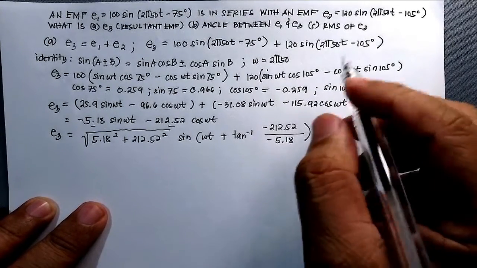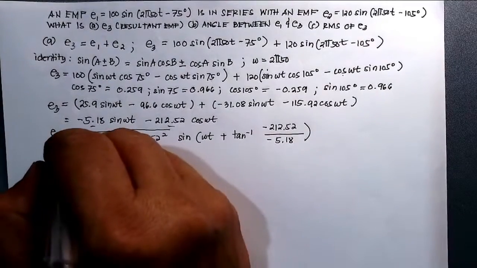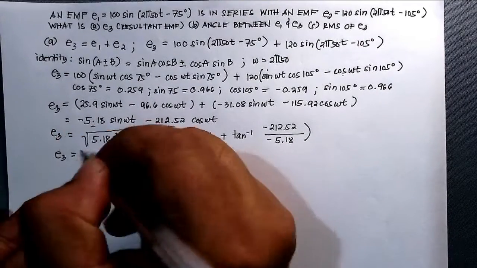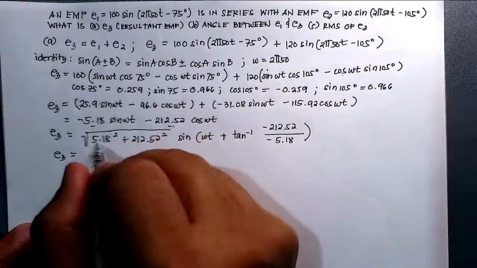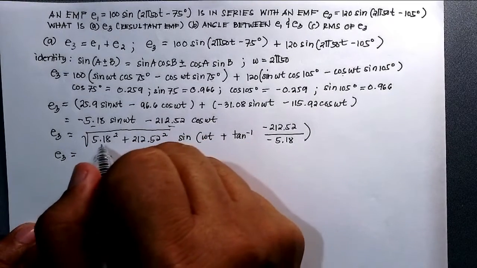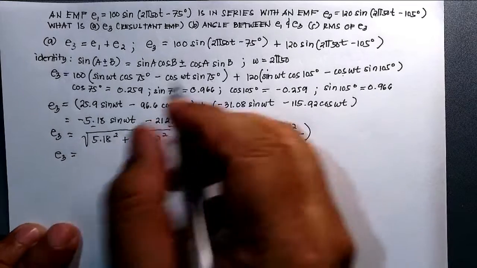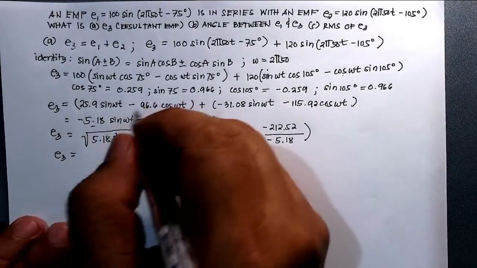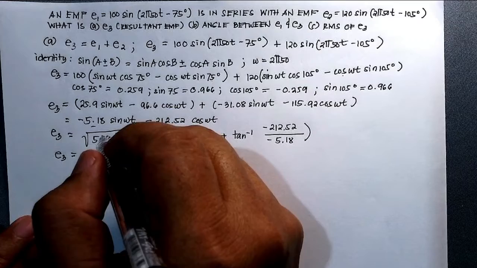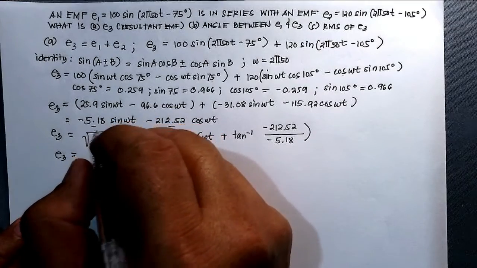So what will be the result? Your E sub 3 is equal to, taking your calculator, 5.18 squared plus 212.52 squared, then the square root of that: the result will be 212.58.